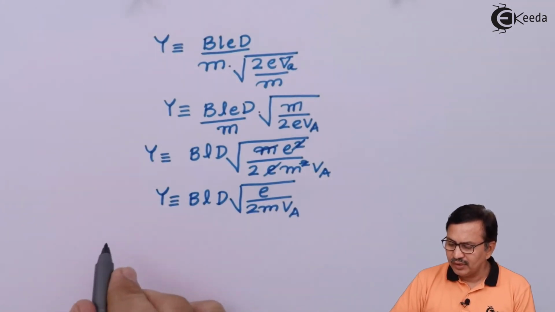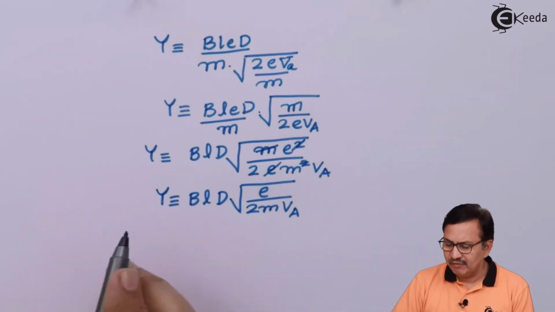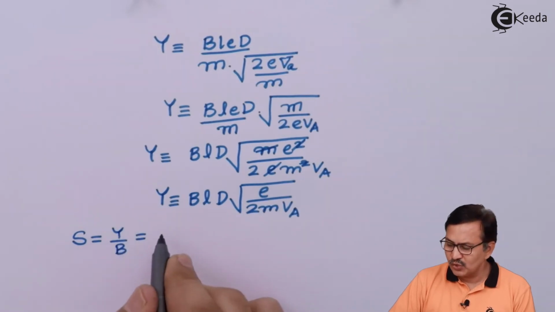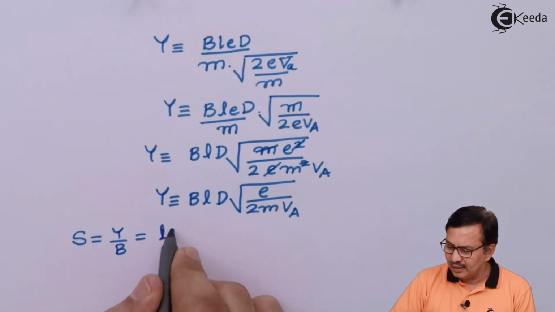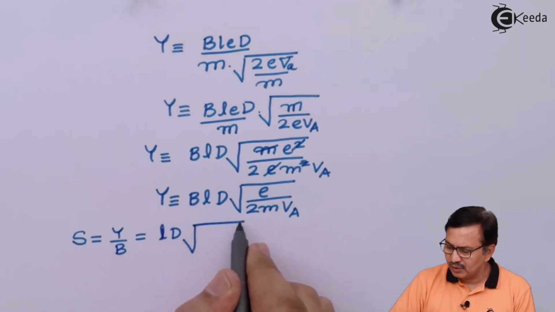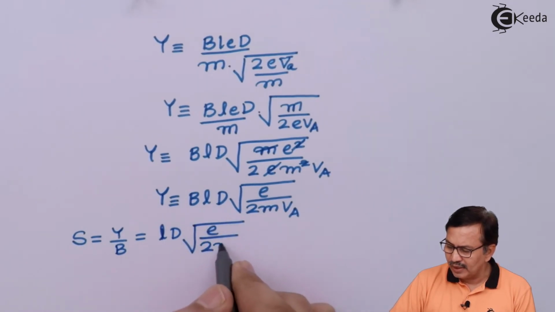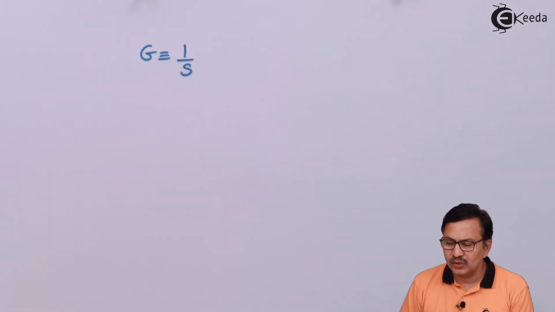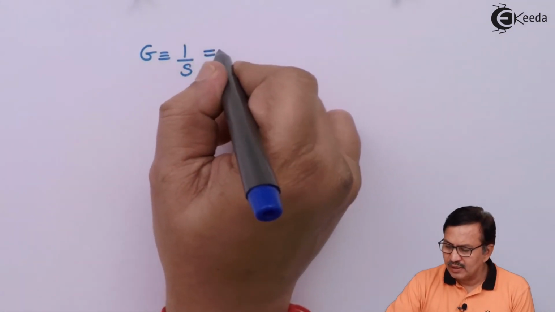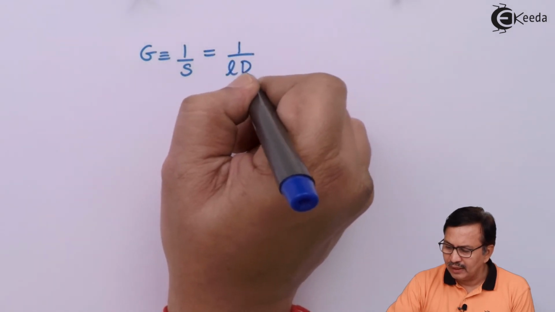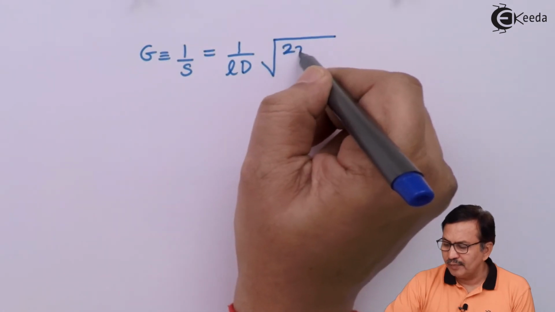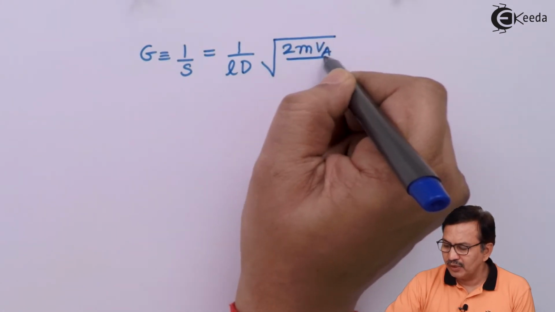Now if I want the deflection sensitivity, let us say it is going to be given by S, which is equal to y divided by B, then this is going to be equal to L into d into square root of e upon 2m into VA. The deflection factor is equal to 1 upon S, which is equal to 1 upon L into d into square root of 2m VA upon e.